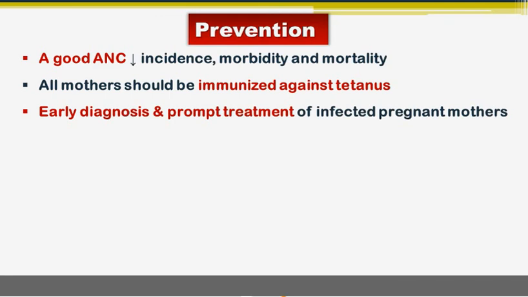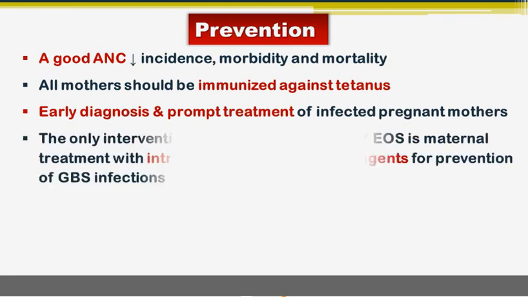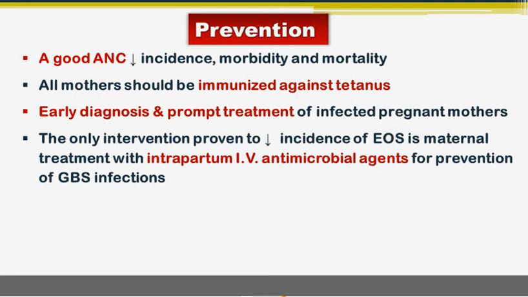Infected pregnant mothers should be diagnosed early and treated promptly. The only intervention proven to decrease the incidence of early onset sepsis, because this is related to the mother, before, during, and shortly after the birth, is maternal treatment with intrapartum IV antimicrobial agents for the prevention of gram-positive beta-hemolytic streptococci. This is, of course, the role of the obstetricians.